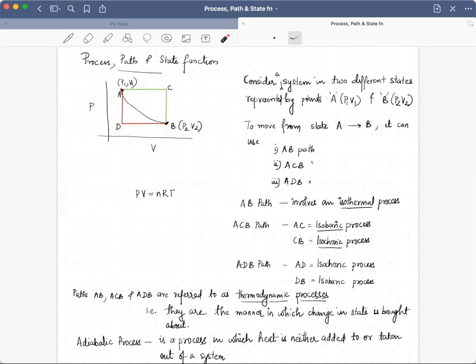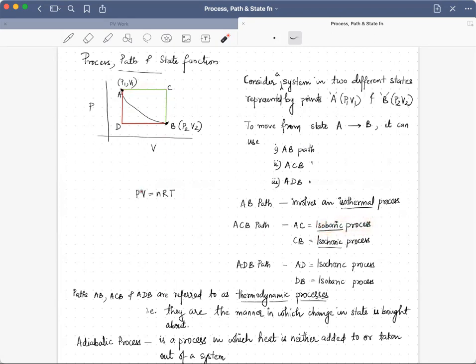So this part of the path ACB, that is AC, is undergoing at a constant pressure, and therefore this process is referred to as the isobaric process.